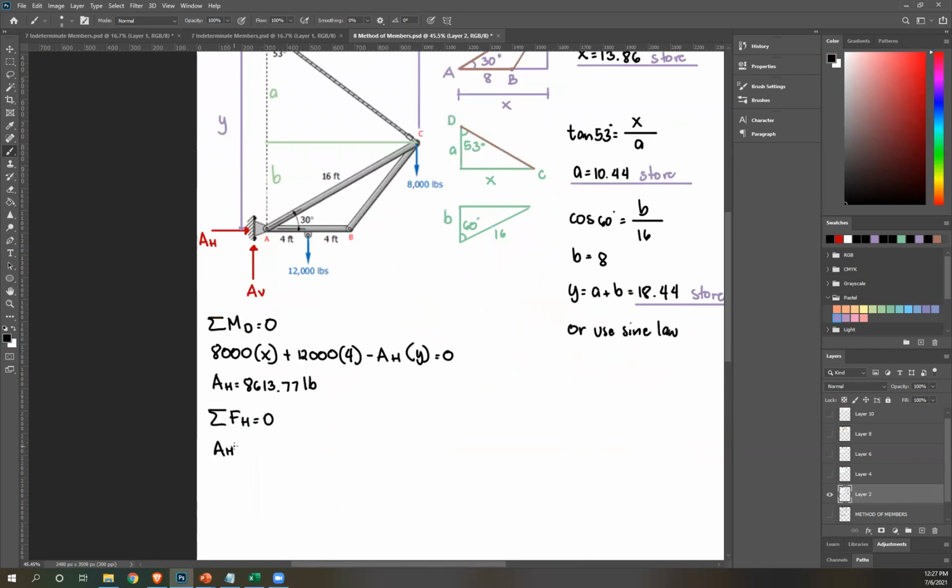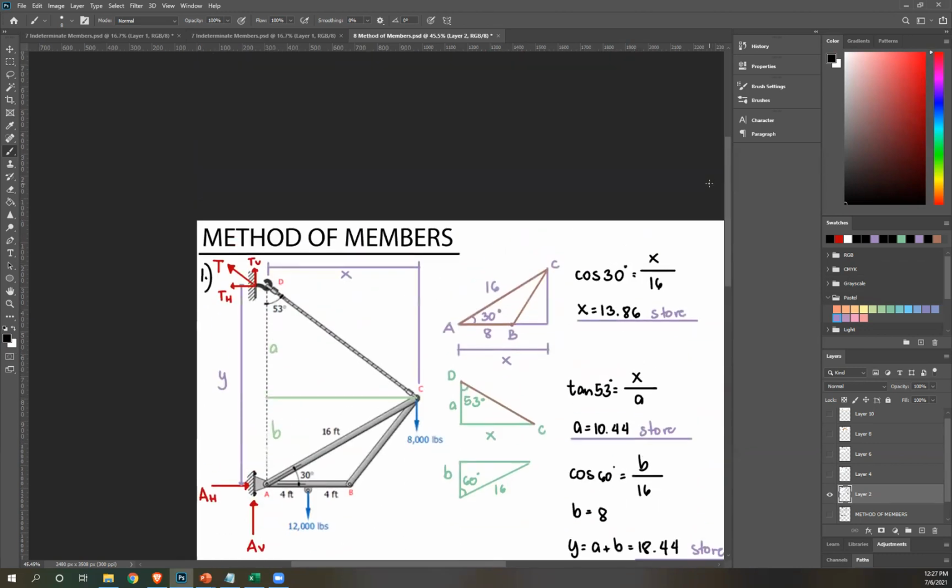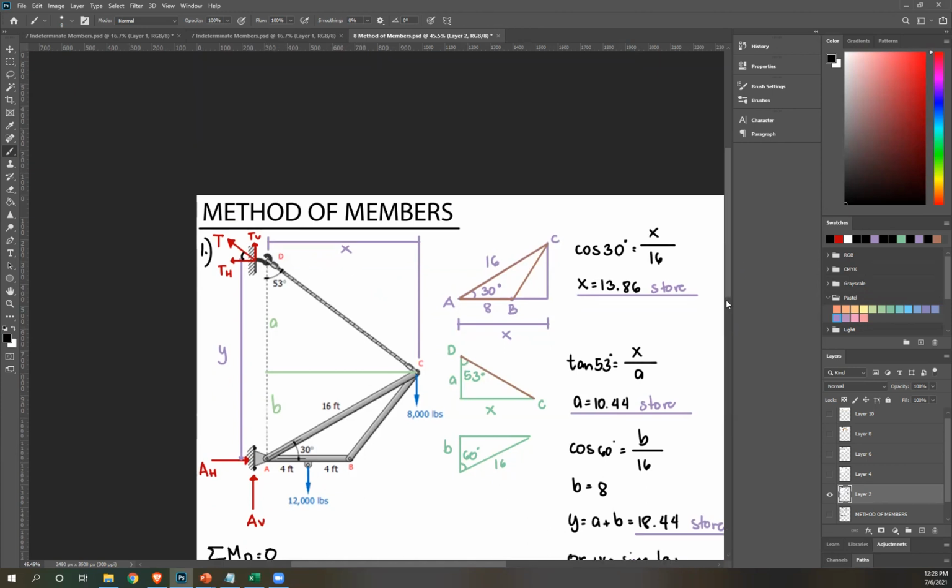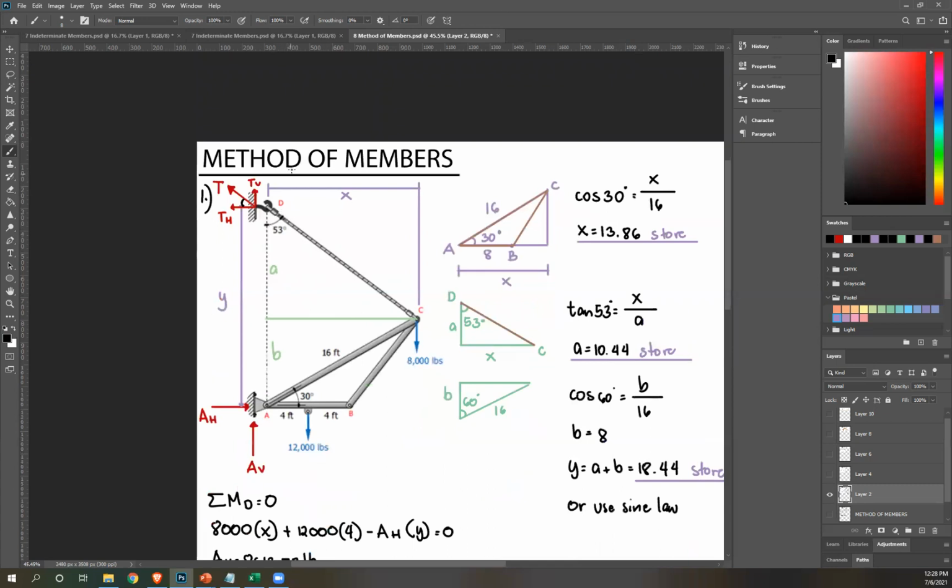positive. Now how do we get TH? So to get TH, I need to know this angle here, right? And that angle is actually equal to, or this, to get that, okay, just know that you have 53 here. Okay, let's make that larger so that you can see. So this is our force, right?